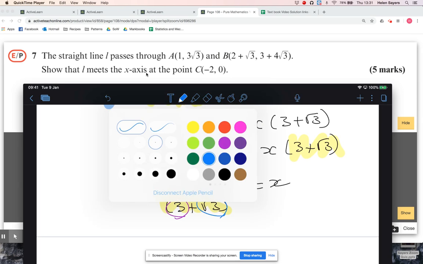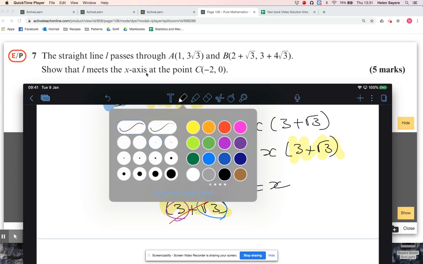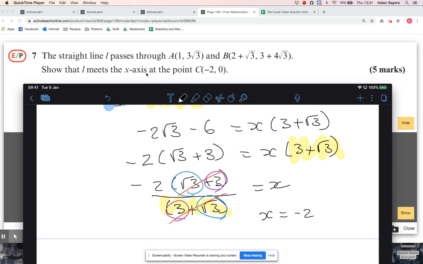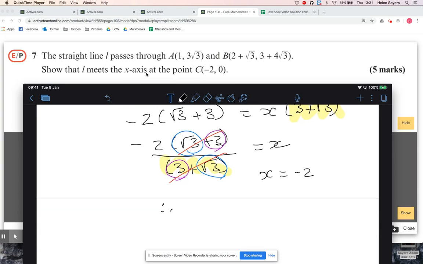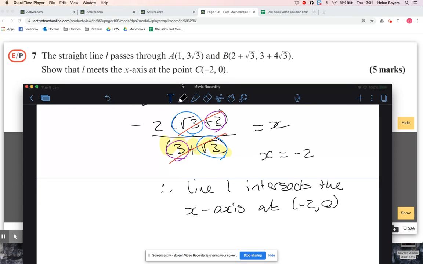So basically, they are going to cancel. So I do end up with x is 2, and then let's just write a really clear conclusion. So therefore, line L intersects the x-axis at minus 2, 0. Maybe rewriting that a little bit neater, which is what we were trying to find there. Okay.